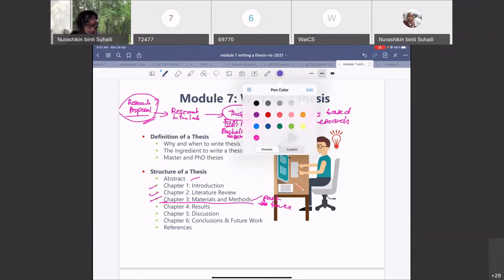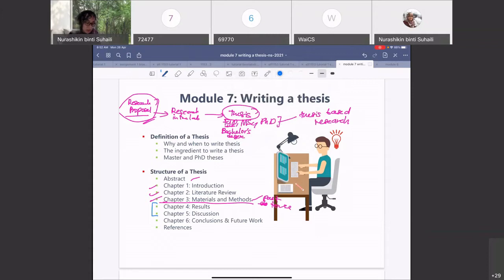In the thesis, you should have results and discussion. Okay, so normally it can be either a results chapter on its own, meaning chapter 4 is results and chapter 5 is discussion, or it can be joined as results and discussion.